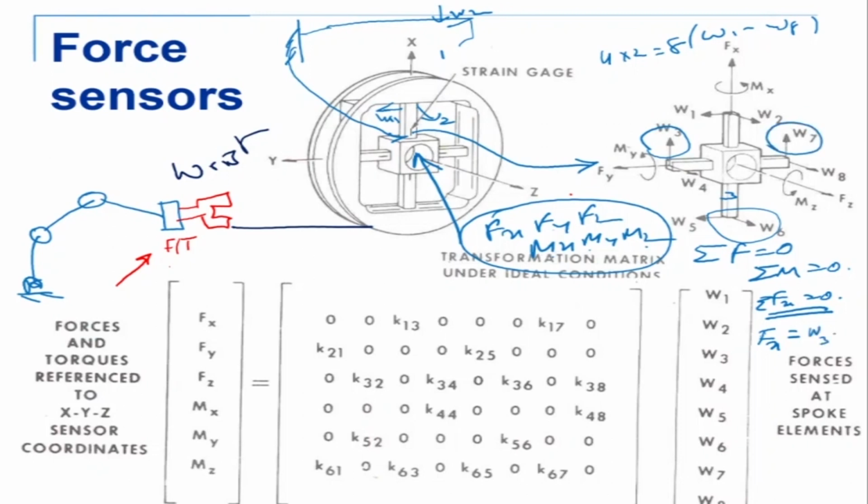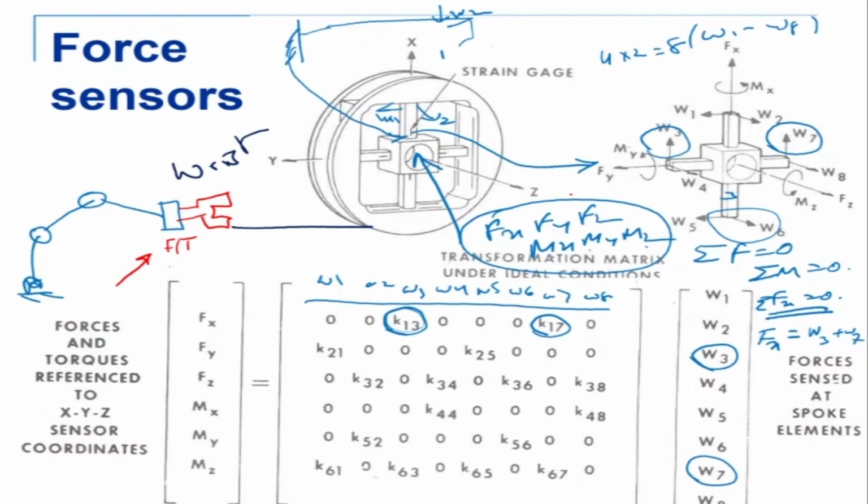So this is my W3. This is W1, W2, W4, W5, W6, W7, W8. And so this is my first equation. So I get K13 and K17, these are gains, into W3 plus W7.